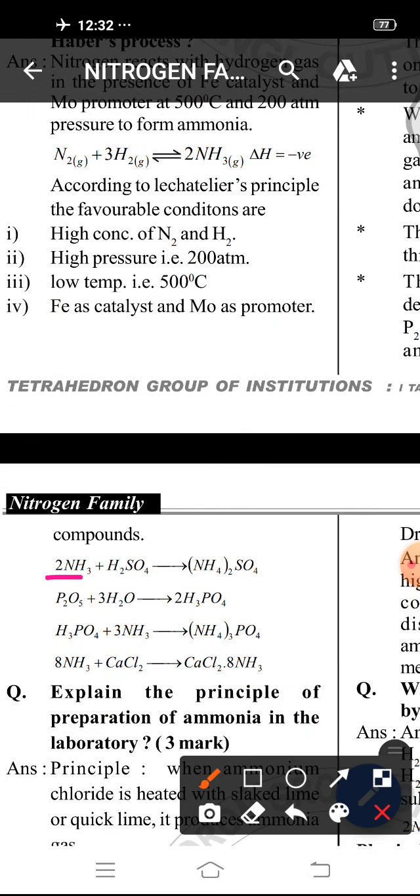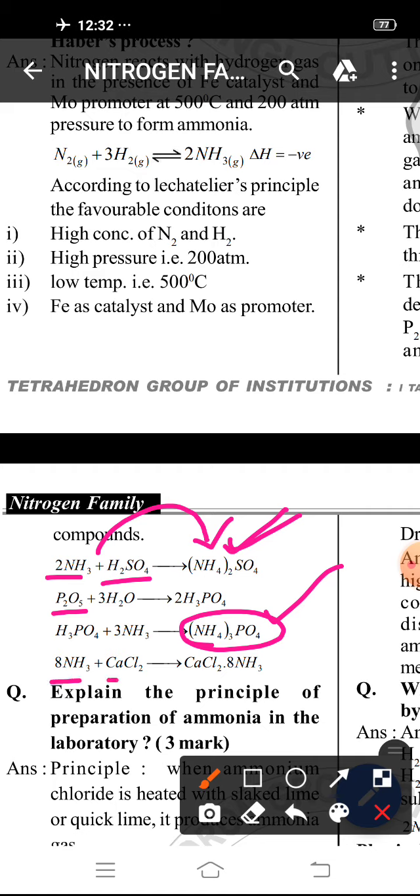When ammonia reacts with H2SO4, it forms ammonium sulfate. That means ammonia is converted to another product, so pure ammonia cannot be collected. When P2O5 reacts with ammonia, it forms ammonium phosphate. It also forms another product.